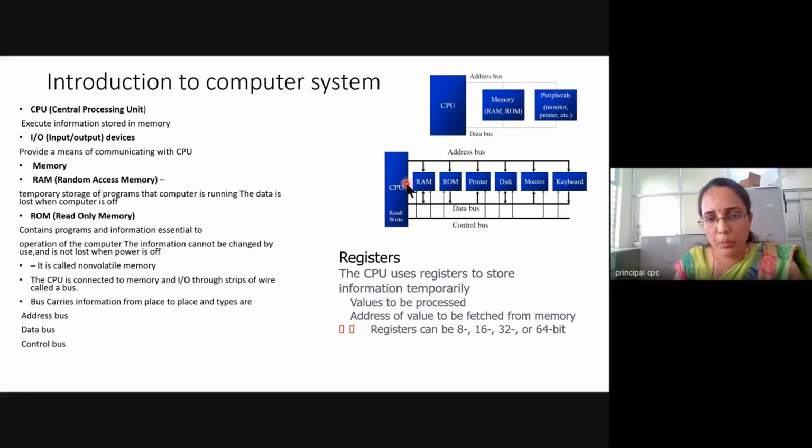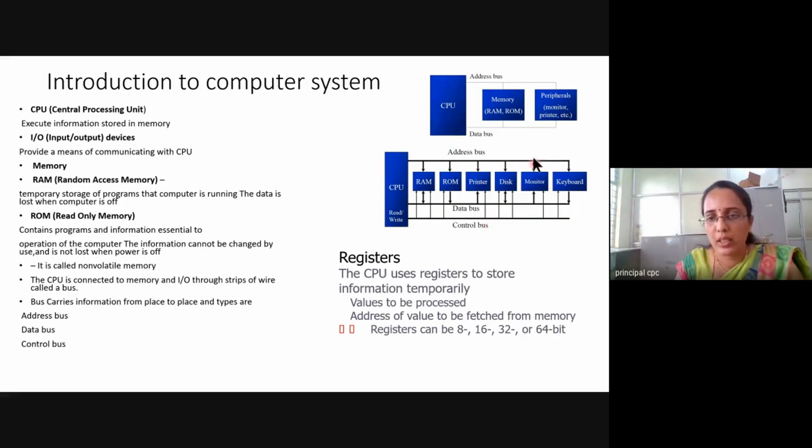Unidirectional in the sense the CPU can only send on these buses, but bidirectional means we can read as well as write from the CPU as well as to the connected devices. On control buses, we send control signals like read, write, ALE, PSEN from the CPU to the connected devices.